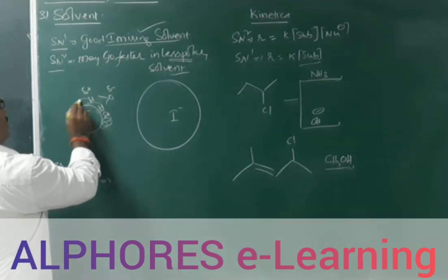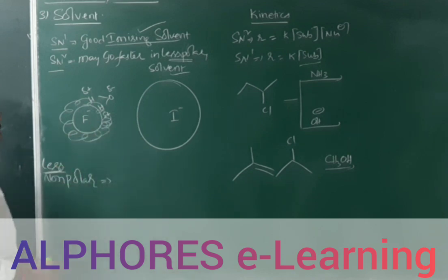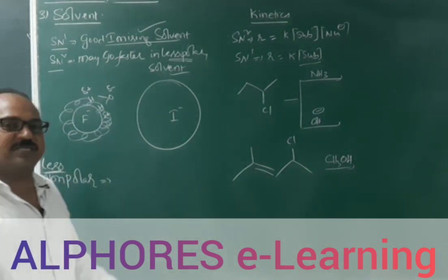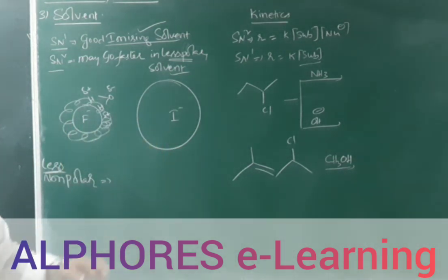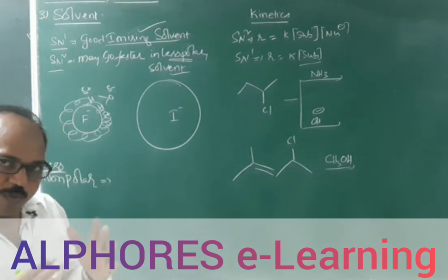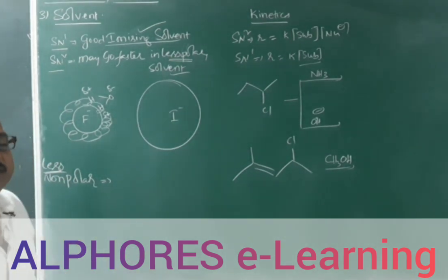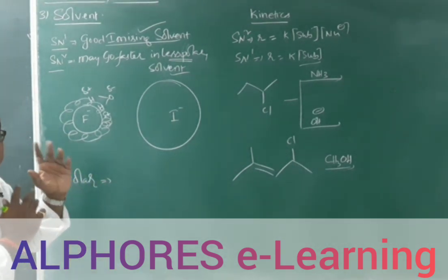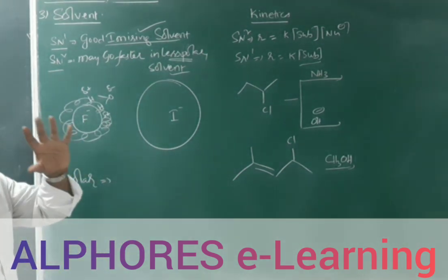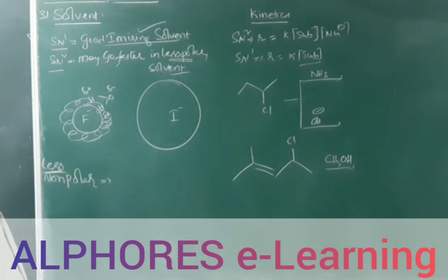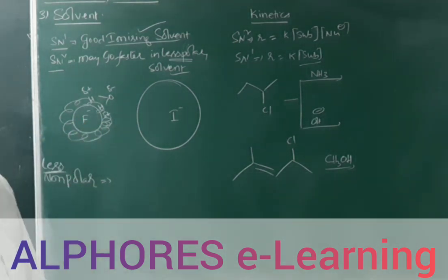All these water molecules come and surround it. How many water molecules can surround F minus, or I minus? Since the solvent is water, how much hydration takes place depends purely on charge density.